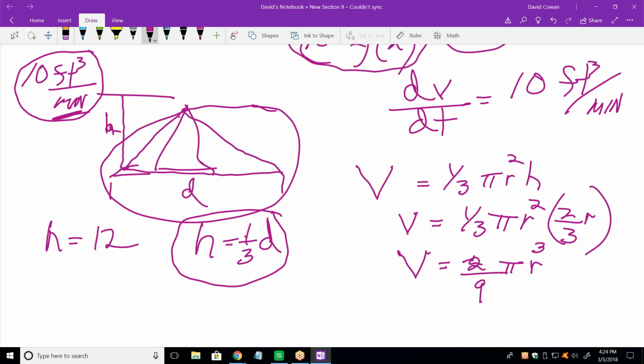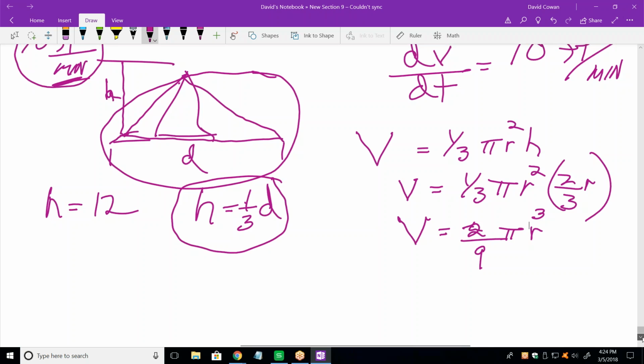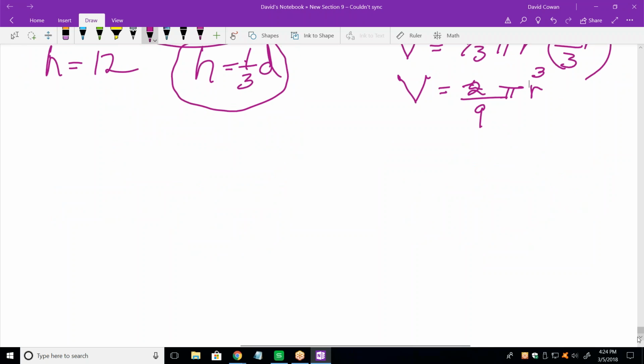Now, implicitly differentiate that. What do you get on the left? Incidentally, what we're doing here is implicitly differentiating both sides with respect to time.